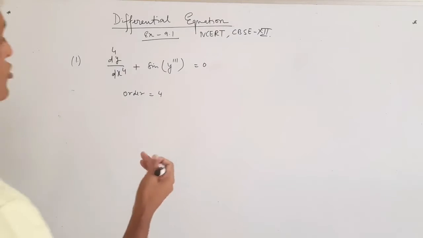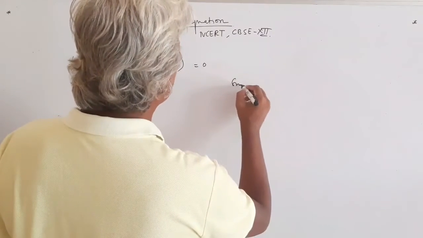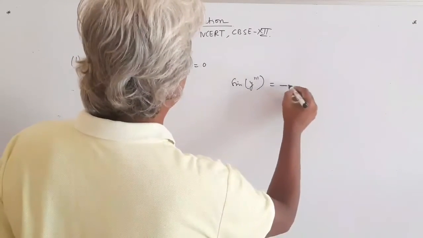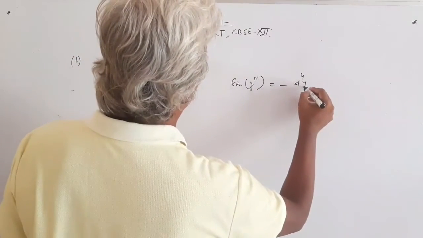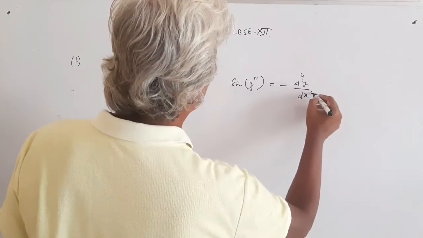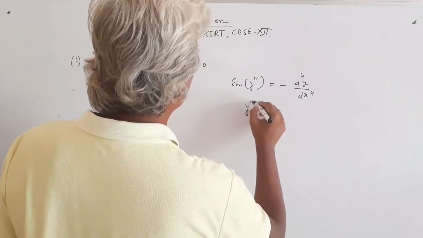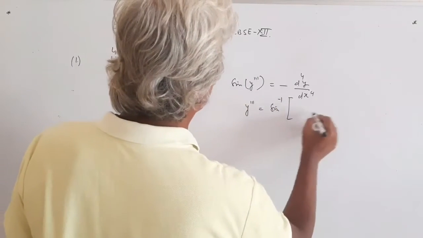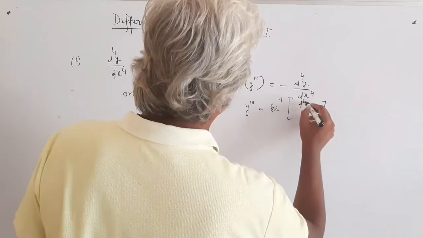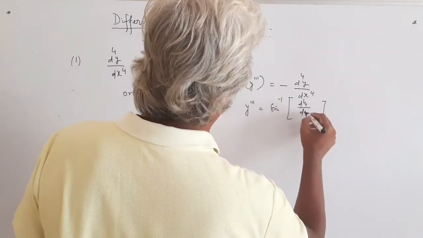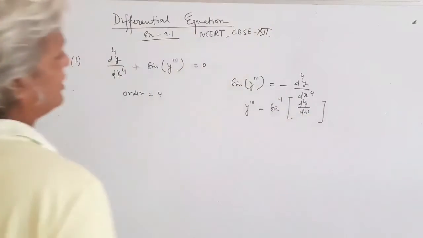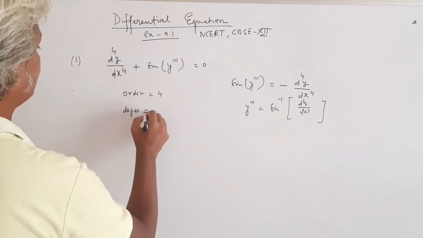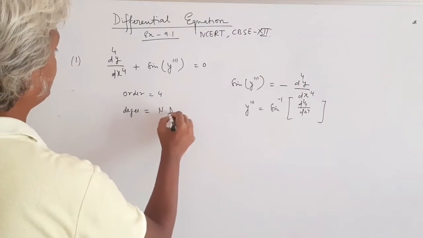So if I try to do this, what will I get? Sine of y triple dash is minus d to the power 4 y over dx to the power 4, and then y triple dash is sine inverse of this, d to the power 4 y over dx to the power 4. This you cannot determine, therefore its degree is not defined.